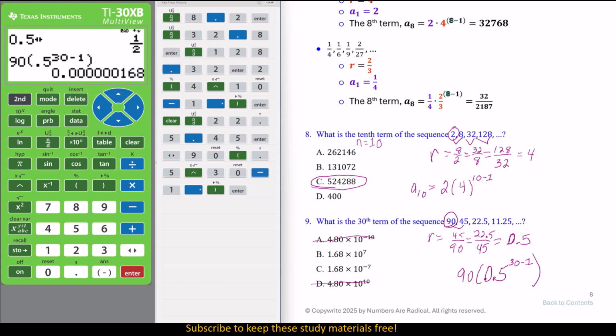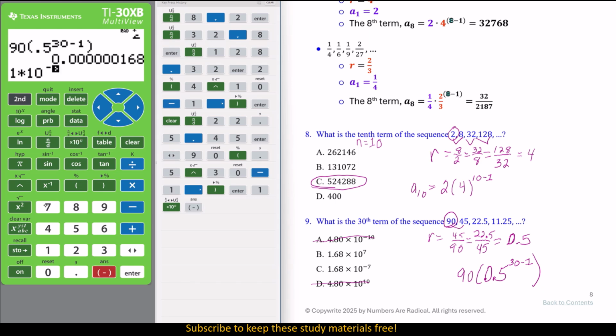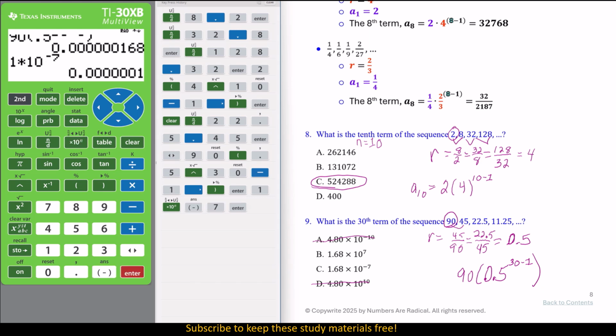I'm thinking negative 7, but I could be wrong. So we test our theory. I very well could be wrong. 1.68. Now remember to use your magic button here, the scientific notation button right here. It puts everything in, and let's put negative 7 and enter.